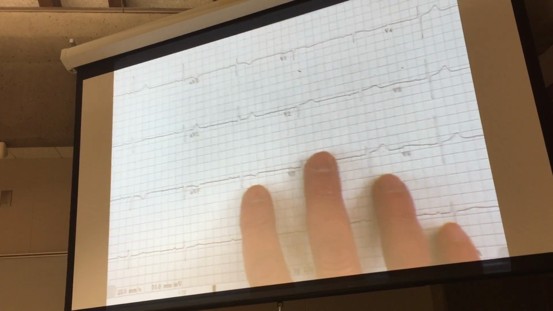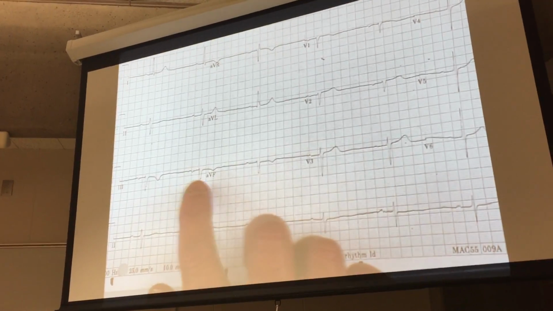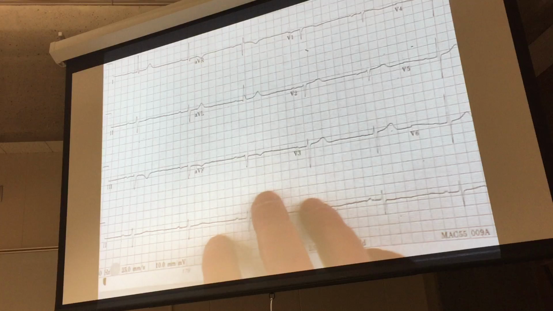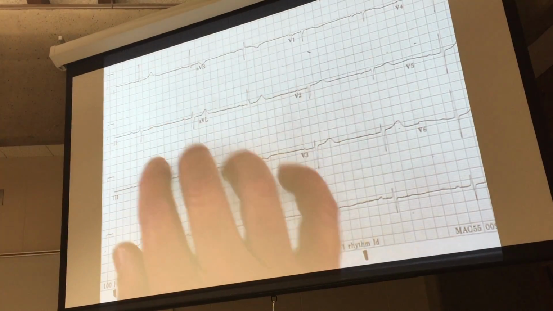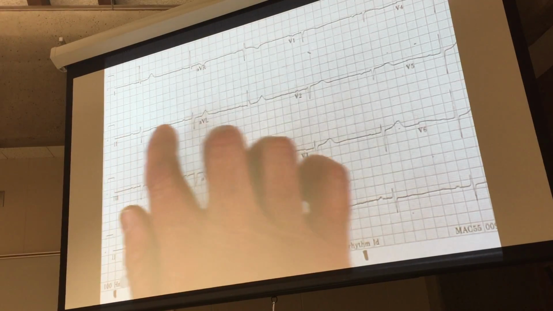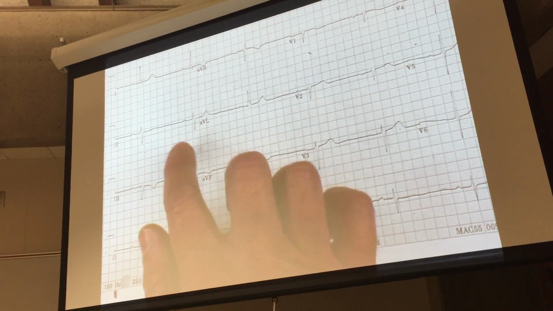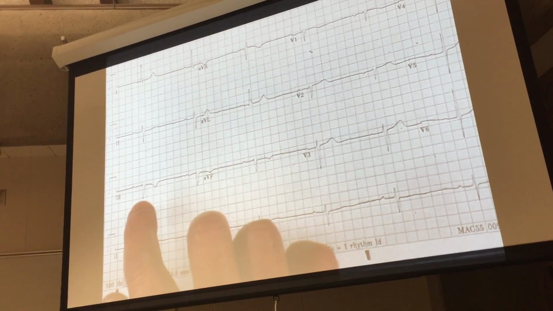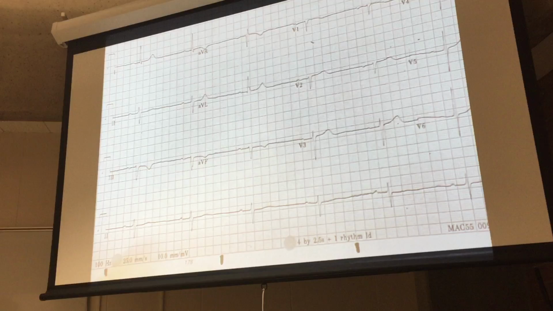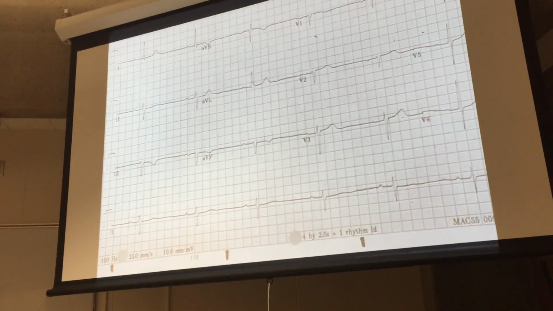I probably wouldn't mark it wrong if you said nothing on that, because I can only see it in maybe two pictures. You guys see any others? Those first two on the third row. Here, same picture there, that one and that one. So possible bundle branch block.